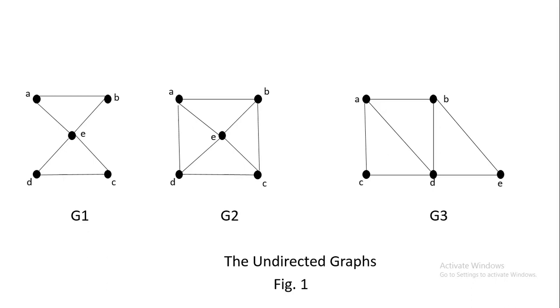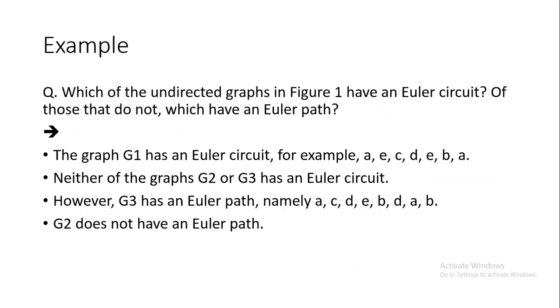By seeing these graphs, you have to answer this question: among G1, G2, G3, which graph has the Euler circuit? If a graph doesn't have an Euler circuit, which graph has an Euler path? That is the question.